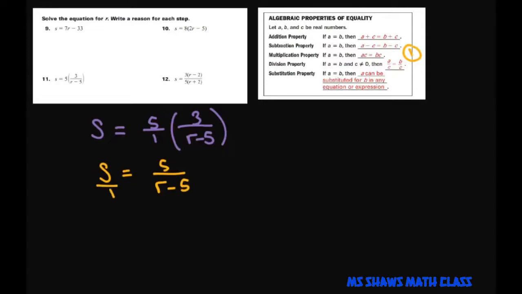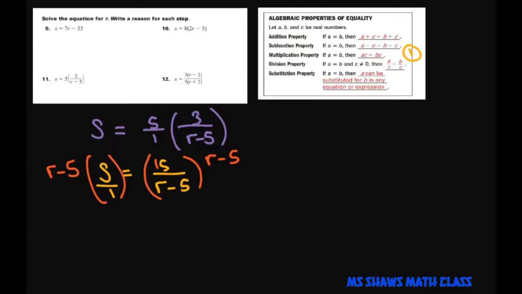Now I'm going to go ahead and cross multiply here, which is actually the multiplication property, because you're just multiplying both sides by R minus 5.